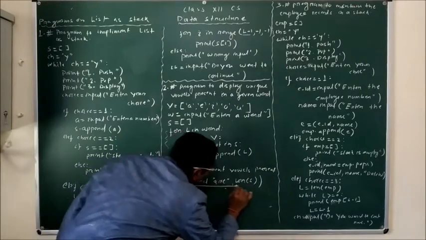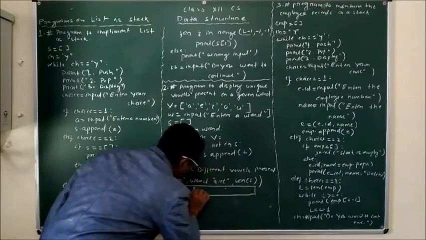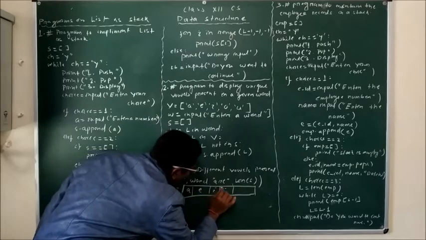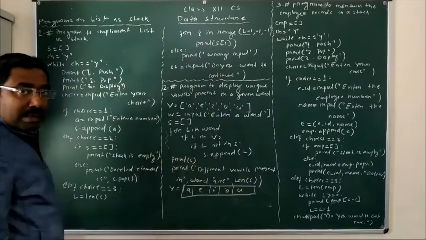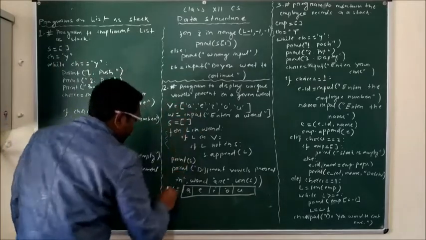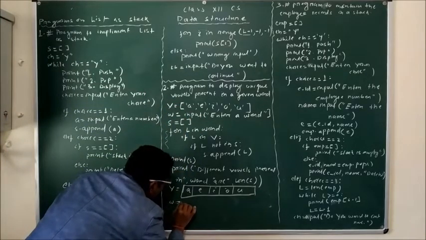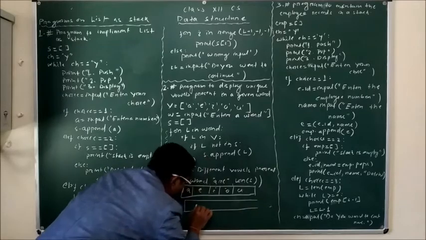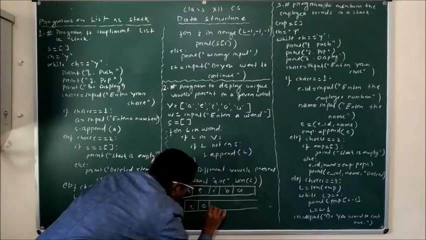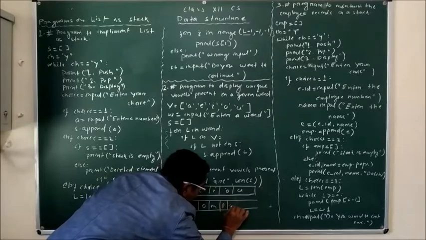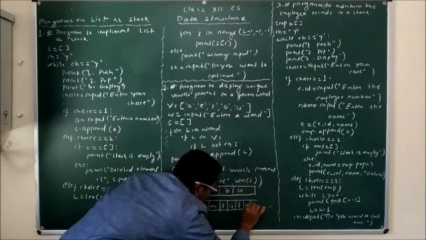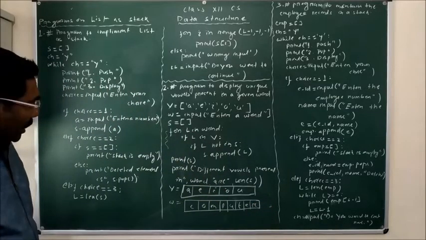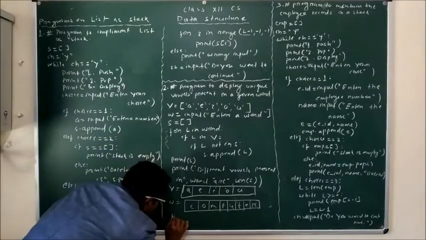In V we have stored A, E, I, O, U. W is also a list in which we have stored the word computer: C, O, M, P, U, T, E and R. This is the word W. Then S. S is also a list.